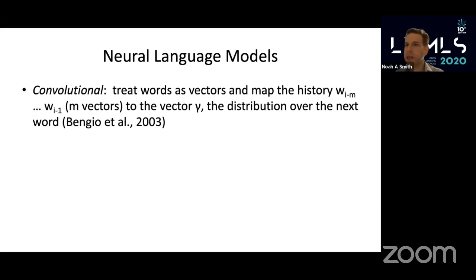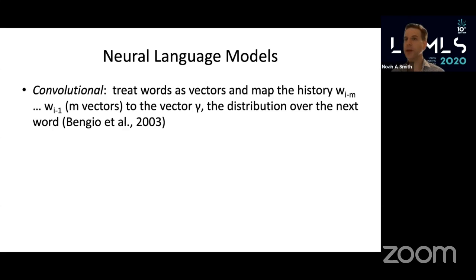And what we expect when we build these word vectors is that words that have similar meaning or appear in similar contexts will have similar vectors, but not identical. And usually the dimensionality of these word vectors is much smaller than the dimensionality of the vocabulary. And so the idea is that you take your history, w_{i-m} up to w_{i-1}, that's m vectors, but it's a fixed size.